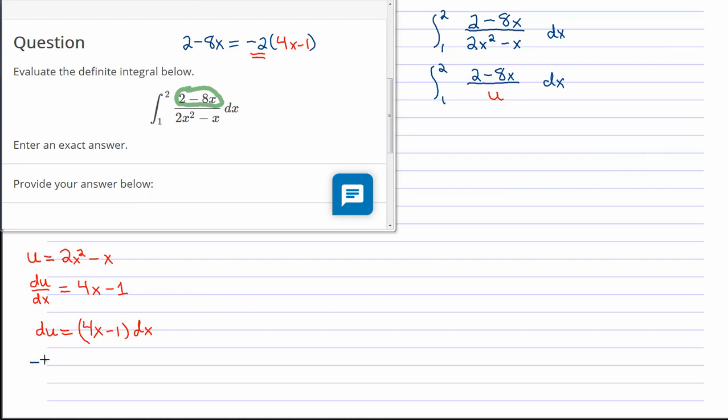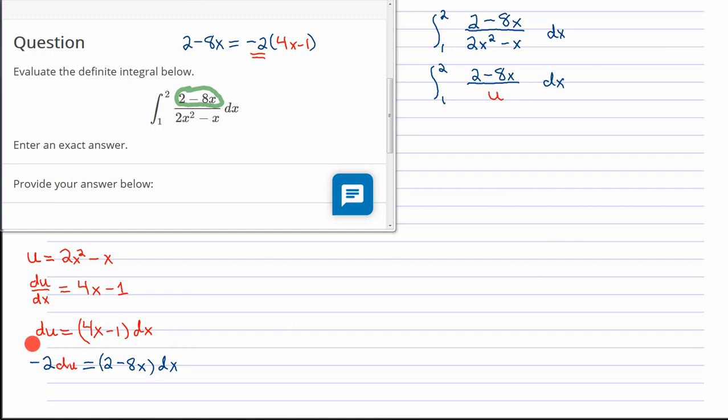If I multiply both sides of this equation by a -2, then on the left-hand side, I get -2 times du, and on the right-hand side, I get 2 minus 8x, multiplied by dx. All right, do you believe that?